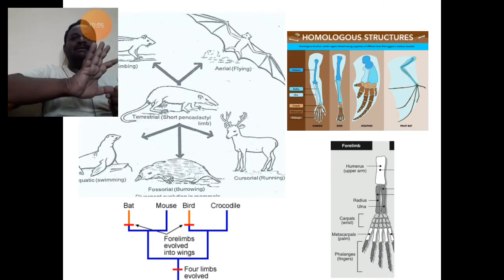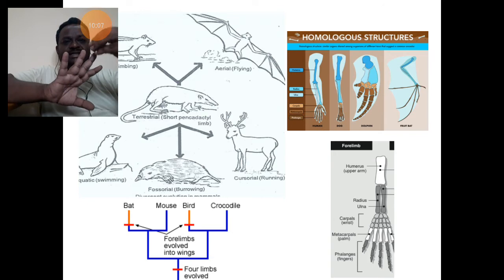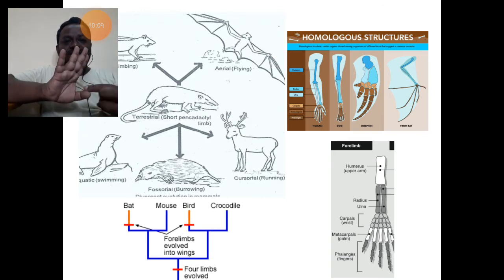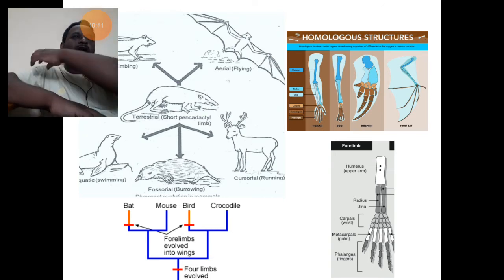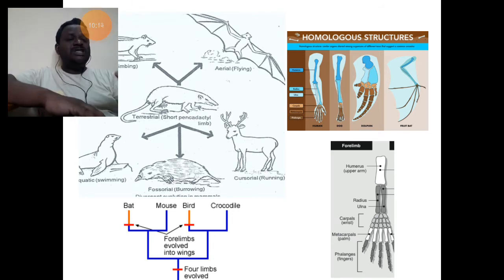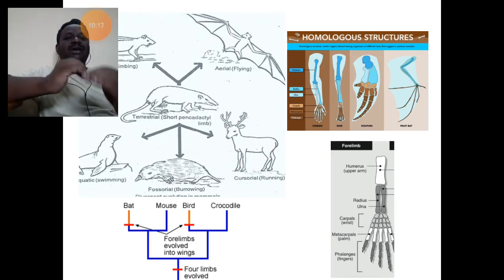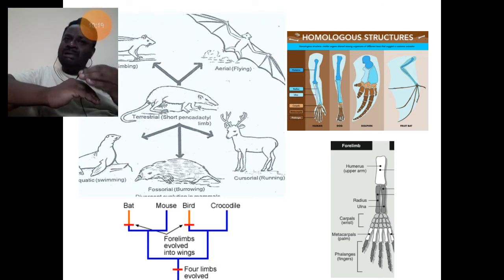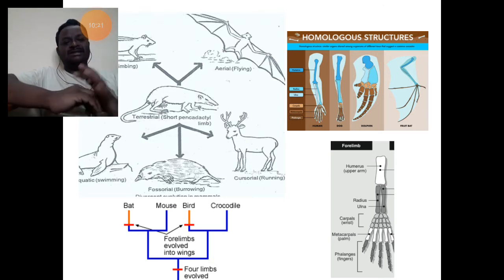Penta means 5, dactylus refers to digits. So we have 5-digit forelimbs in all vertebrates. They show slight variations according to the environment in later stages, but the basic plan remains the same.